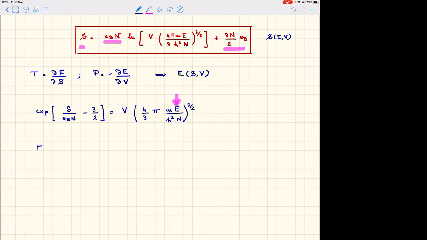The result is E equal to volume to the minus 2/3 times 3/4 h squared N over pi M times the exponential of 2/3 S over K Boltzmann N minus 1. Okay, so this is the internal energy.